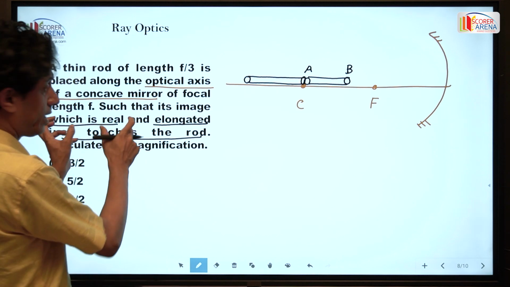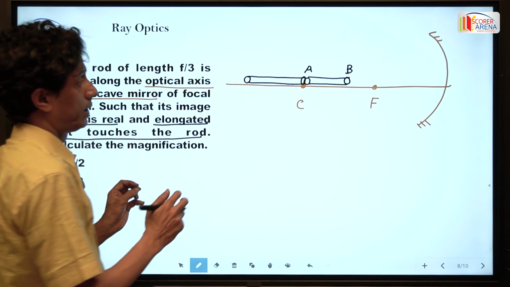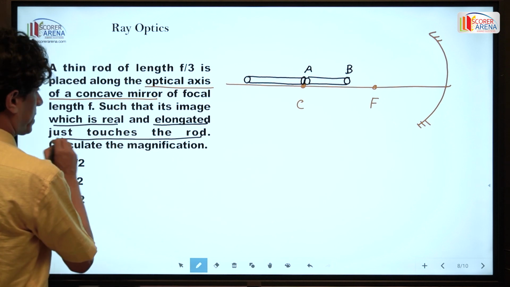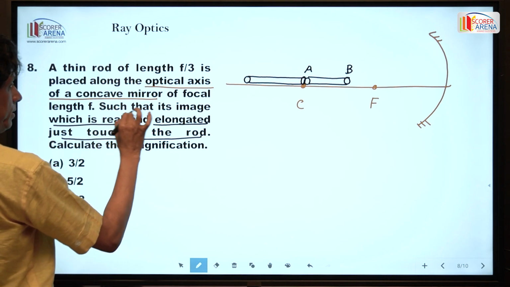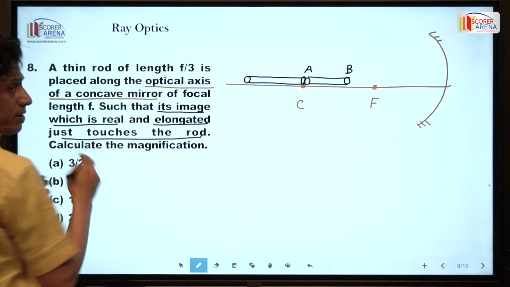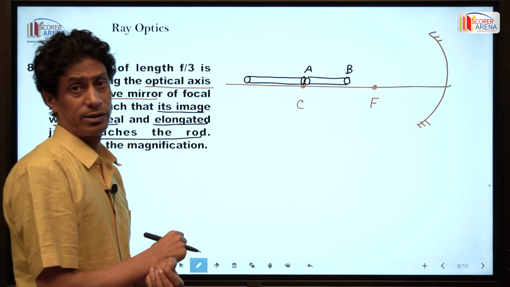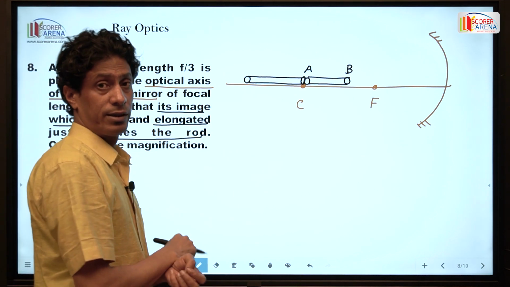So from this problem, the image just touches the rod, that is the object.